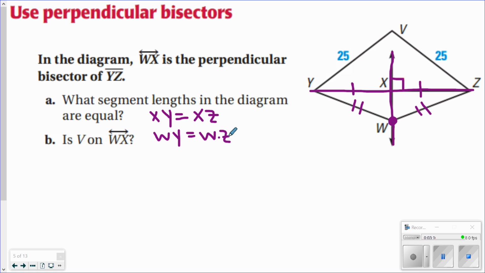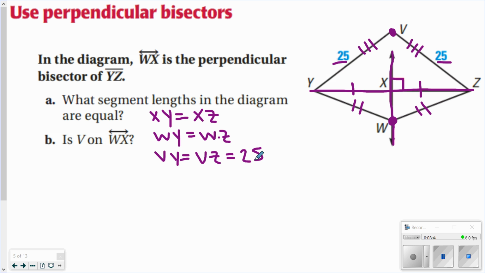Also, looking at this diagram, I see that YV is 25 and ZV is 25. So that means at this point that this segment is congruent to this segment. So let's write that. We have VY is equal to VZ, which we know is equal to 25.